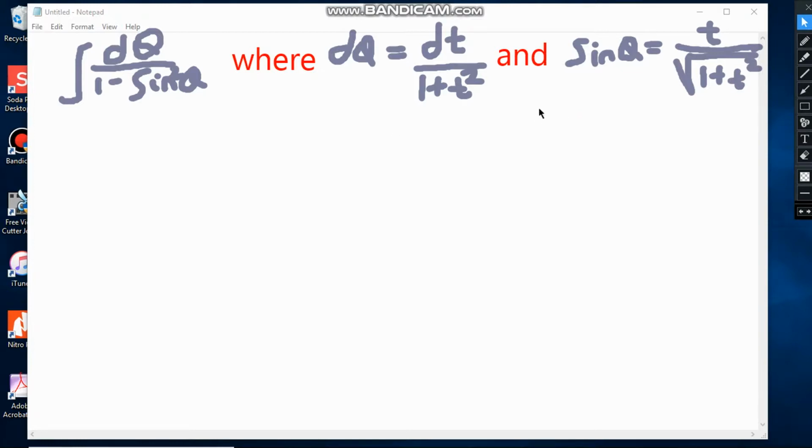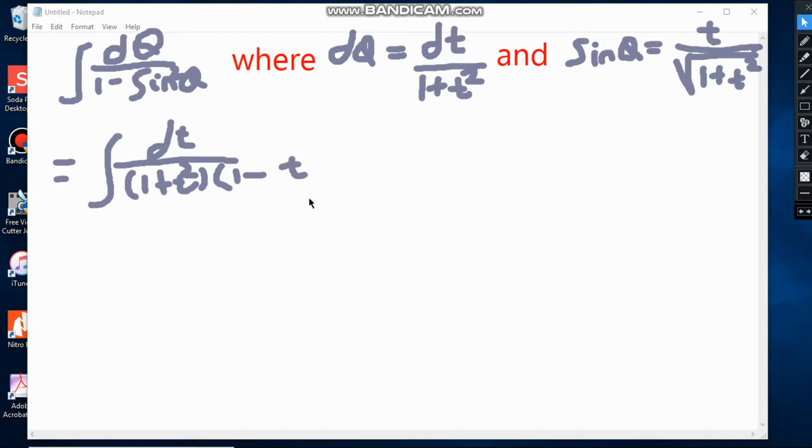So when I place these two, I have the following function: the integral of dt over 1 plus t square, over 1 minus sin square theta, which becomes 1 minus t square over 1 plus t square.